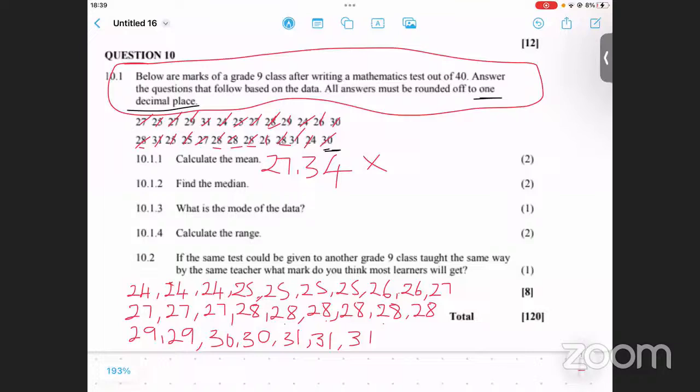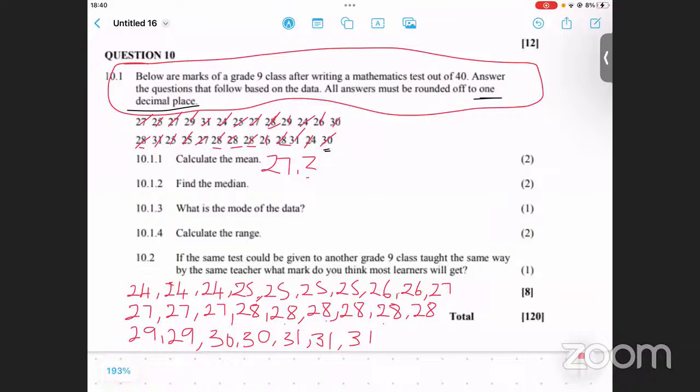So is 27.34 rounded to 1 decimal place? No, ma'am. And what's going to be the answer? Ma'am, 27.3. 27.3, and this is correct.